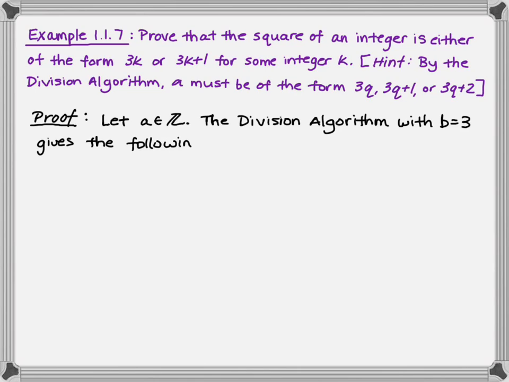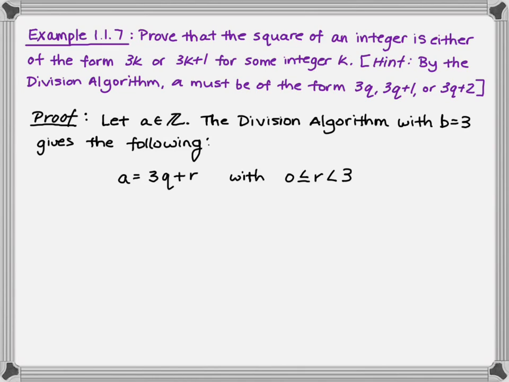So I'm dividing a by 3, and I get that a is equal to 3 times q plus r, with 0 less than or equal to r strictly less than 3. So once again, the division algorithm guarantees that if I divide a by 3, there exists a unique q and r so that this inequality with the remainder holds.